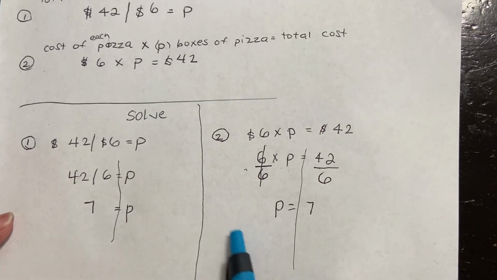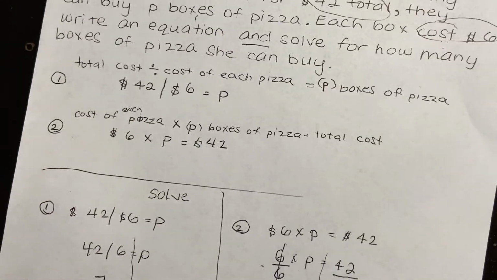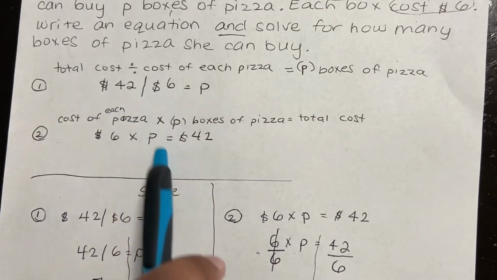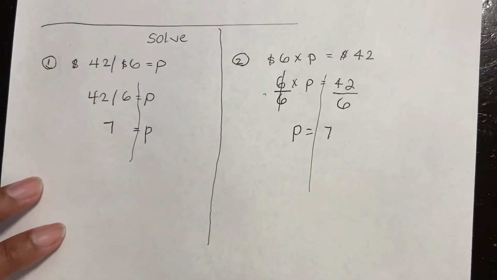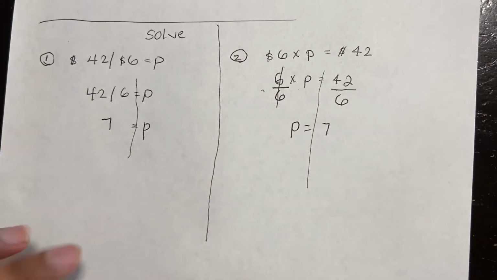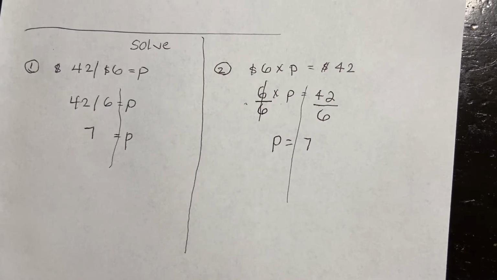So either way, I come up with 7 as my variable, which is correct because, like I said before, you can come up with different ways to write an equation. That's completely acceptable. And as you can see, we were able to solve for both ways and come up with P as our correct answer.